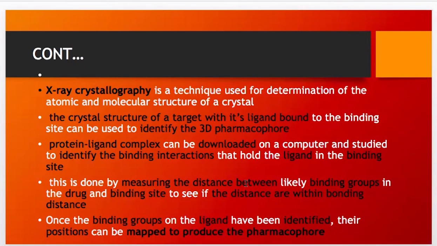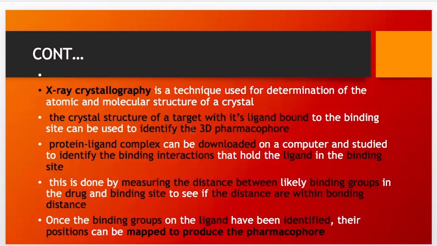Do you have hydrogen interactions? Is there a hydrogen bond acceptor? Do you have van der Waals interactions occurring? So that is what you have to do as you are studying and trying to identify the pharmacophore, okay? And then besides that, we also have to deal with measuring the distance between the binding groups.